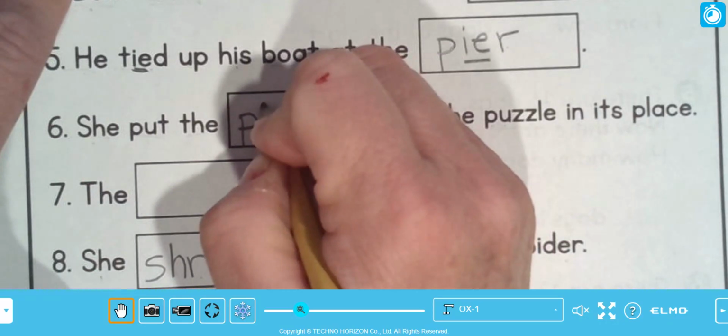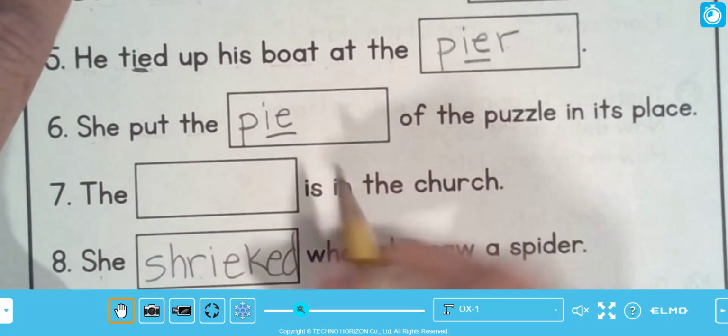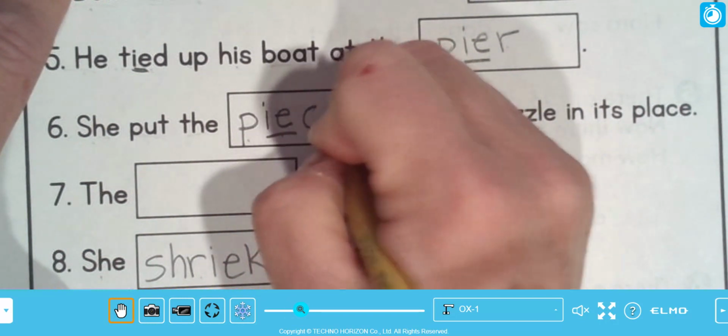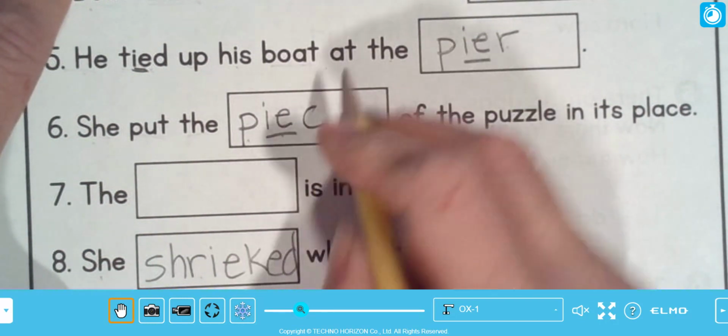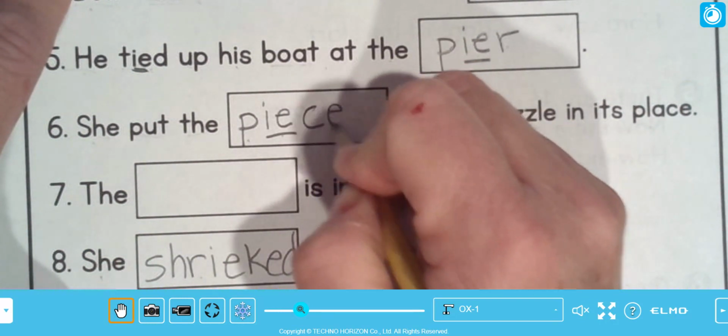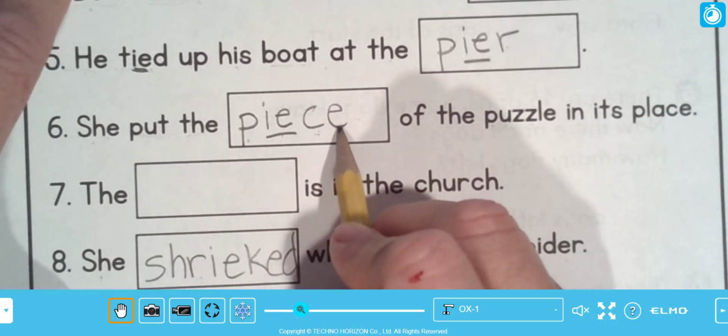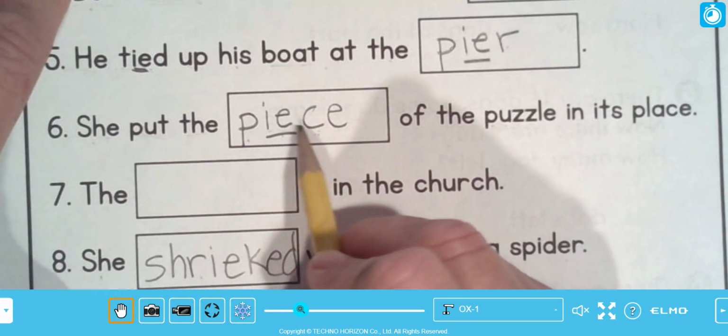E. S. Now, if we leave it like that, it's peak. But to make this a s sound, to make this C into a S, we have to have that silent E at the end. So peace.